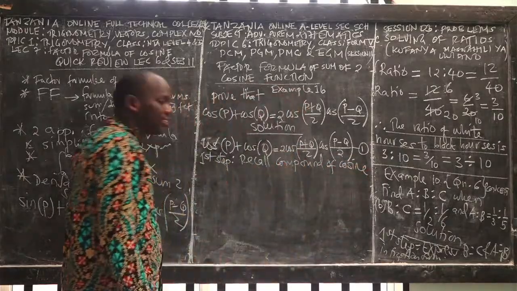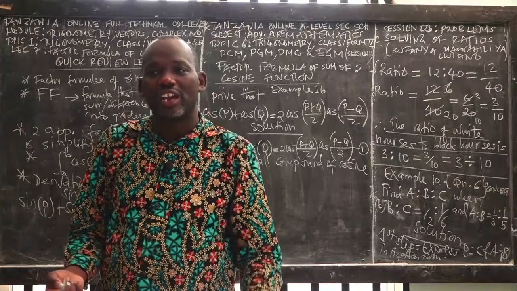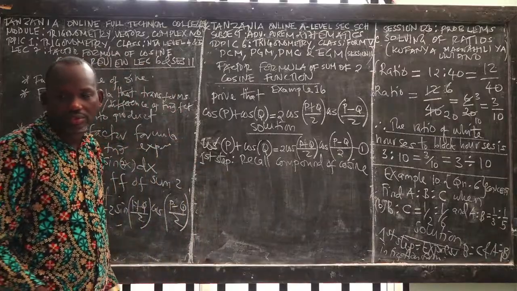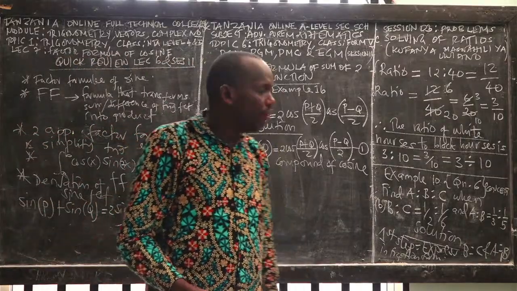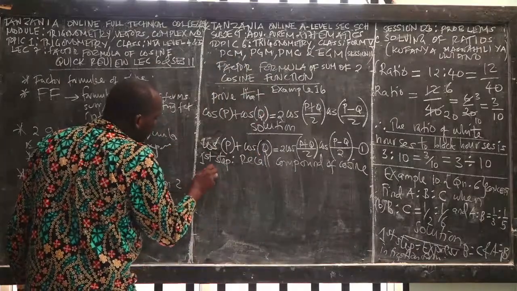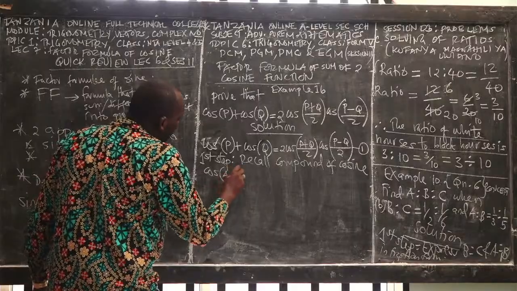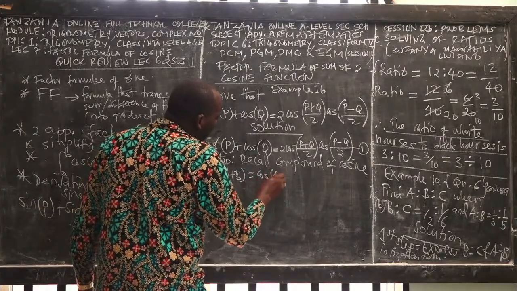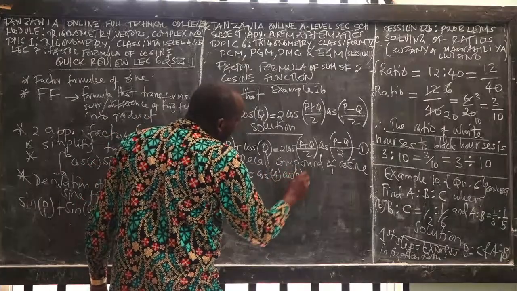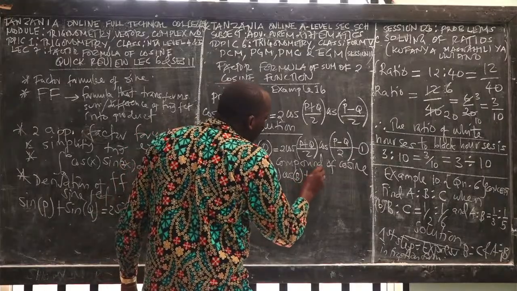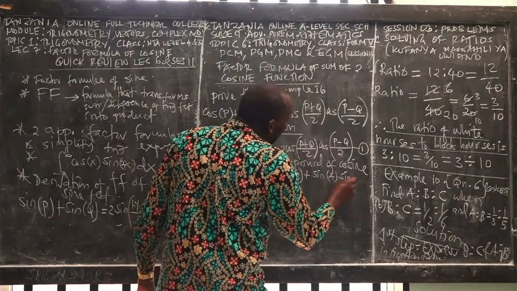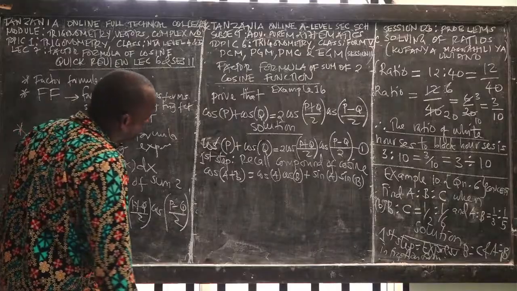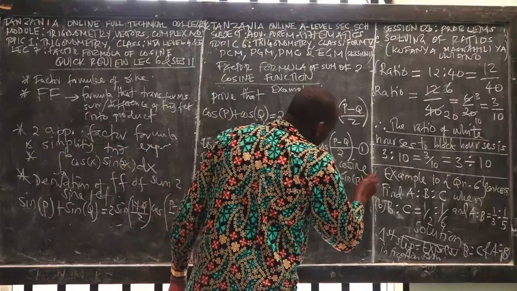Please make sure that you have a rough paper for your trials. So cosine of A plus B, we taught you in O level, is equal to cosine of A times cosine of B, then plus sine of A times sine of B. So this will make equation 2.